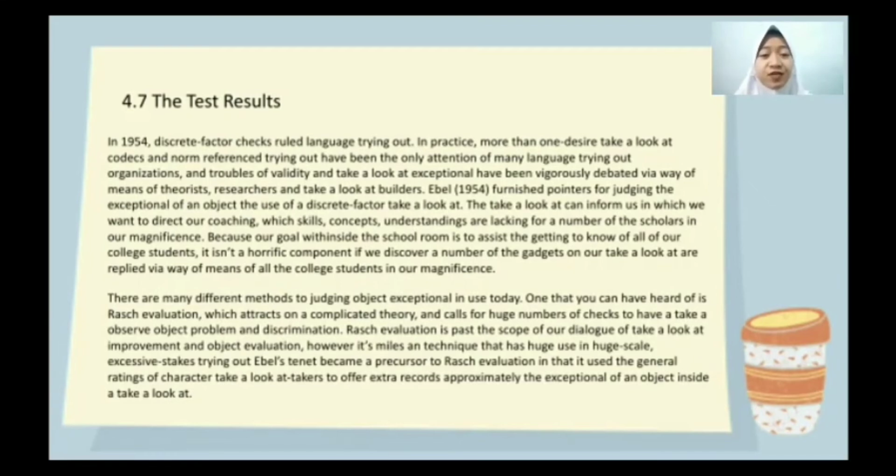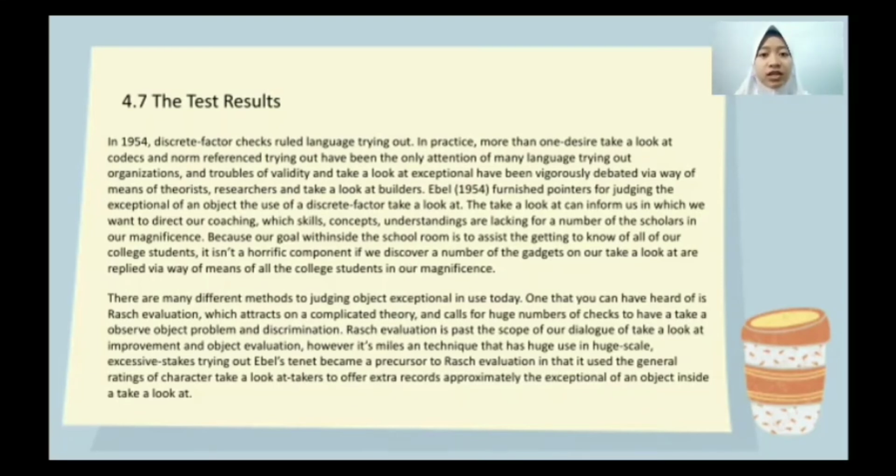There are many different ways of judging object quality in use today. One that you may have heard of is Rasch analysis, which draws on a complicated theory and requires a large number of tests to have a look at object difficulty and discrimination.